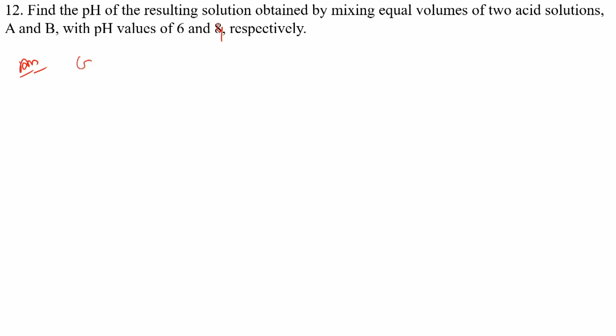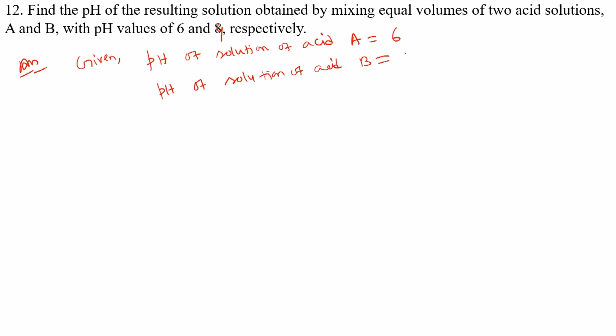So given, the pH of solution of acid A is 6 and the pH of solution of acid B is 4.